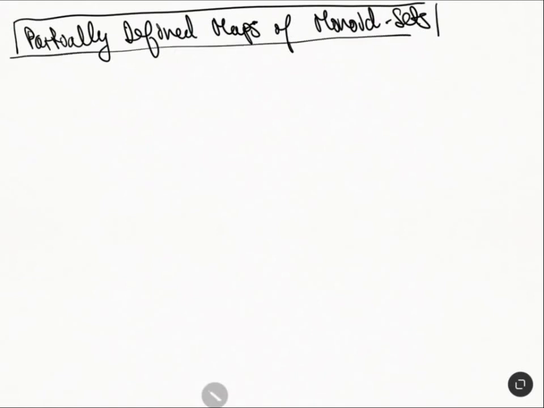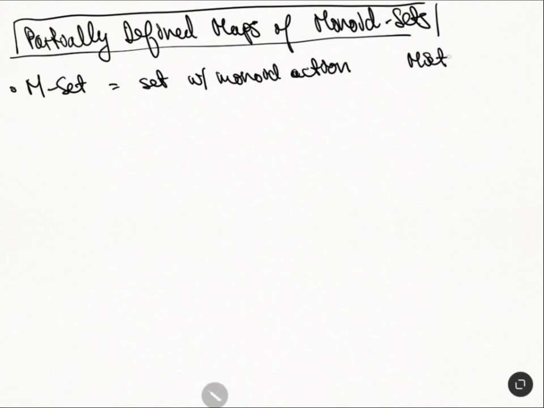So we're using the idea that an M-set is a set with a monoid action, and the maps are equivariant in the usual way. The category will be denoted by M-set here.